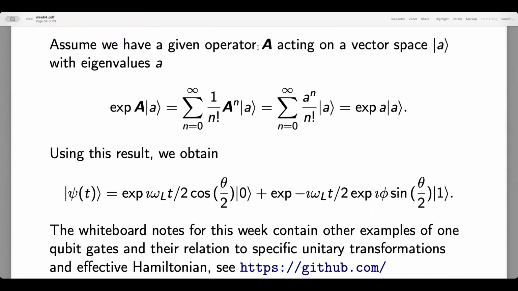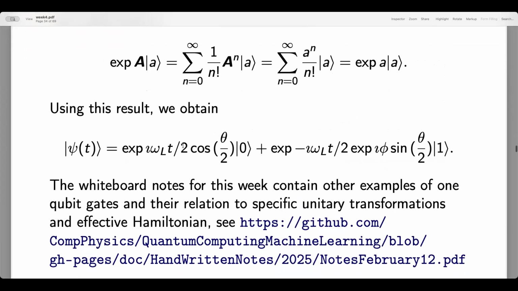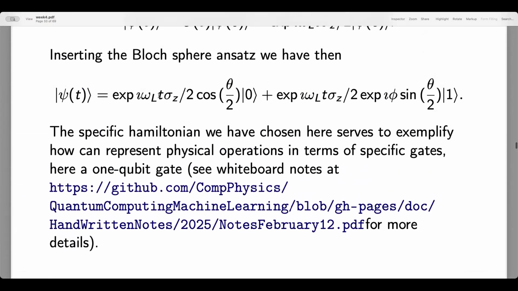If you have a given rotation operator A acting on a vector space with eigenvalues a, so we're assuming that these are eigenvectors, eigenstates of this A, then you can write this out simply as the exponential of the eigenvalue times this A. And we remember that if we look back here, this A in our case is just the sigma z operator, times some constants.